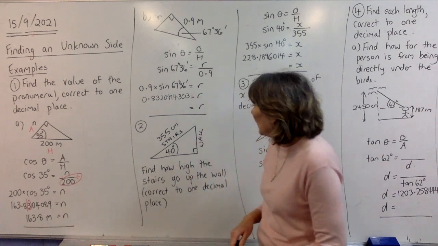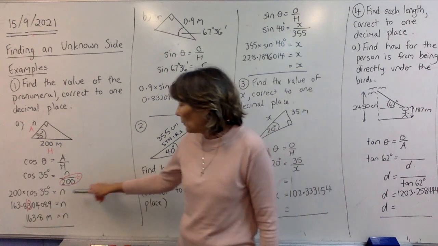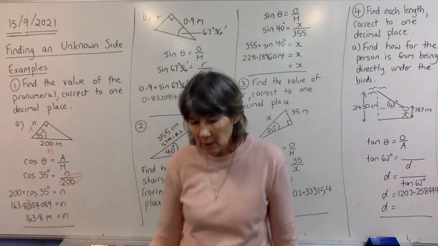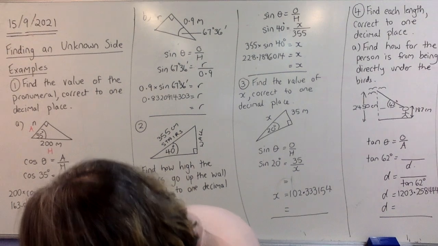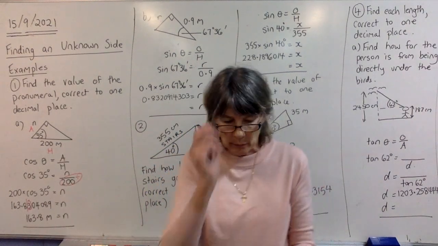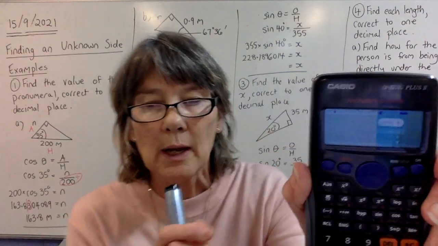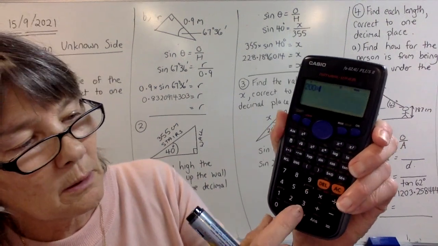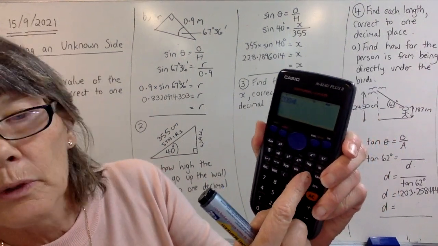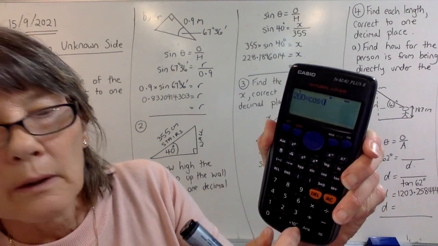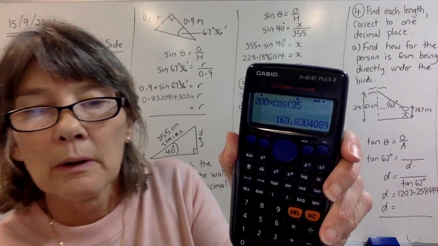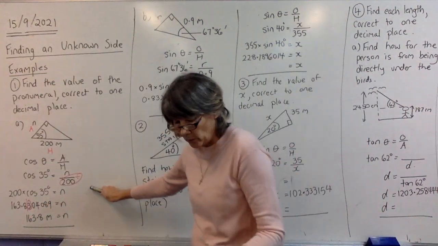Okay, so when we go to our calculator, we press 200 times cos 35 equals, and it will give you the answer I've written on the board. We are going to write down the whole thing. Okay, so on your calculator, it's 200 times cos, which is up here, 35, and then press equals, and you'll get the answer that I've written on the board there.